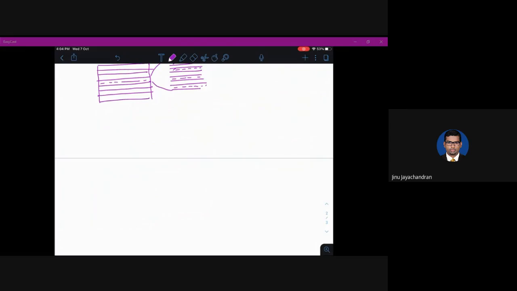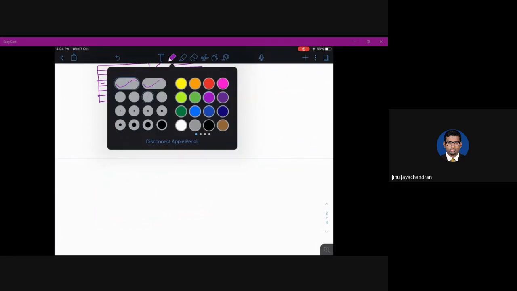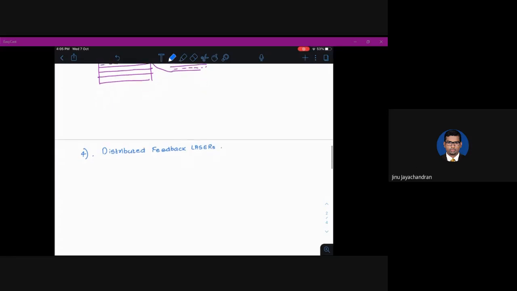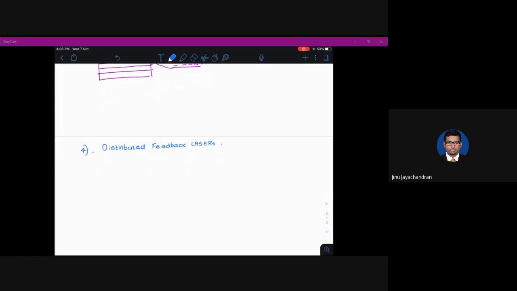The first one, which I number as 4, is called distributed feedback lasers. Okay. So we'll see what that distributed feedback laser is.